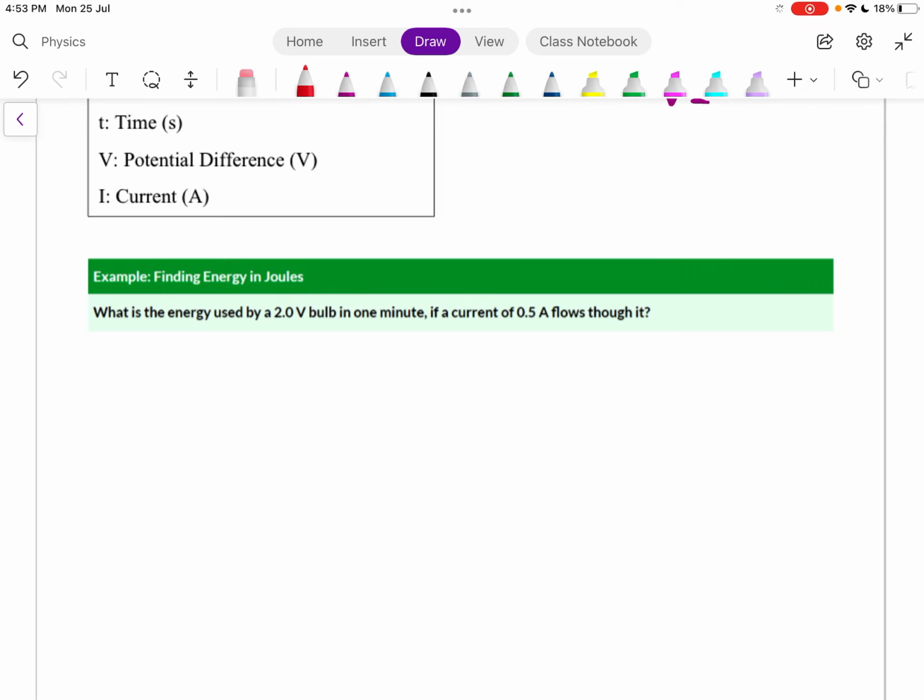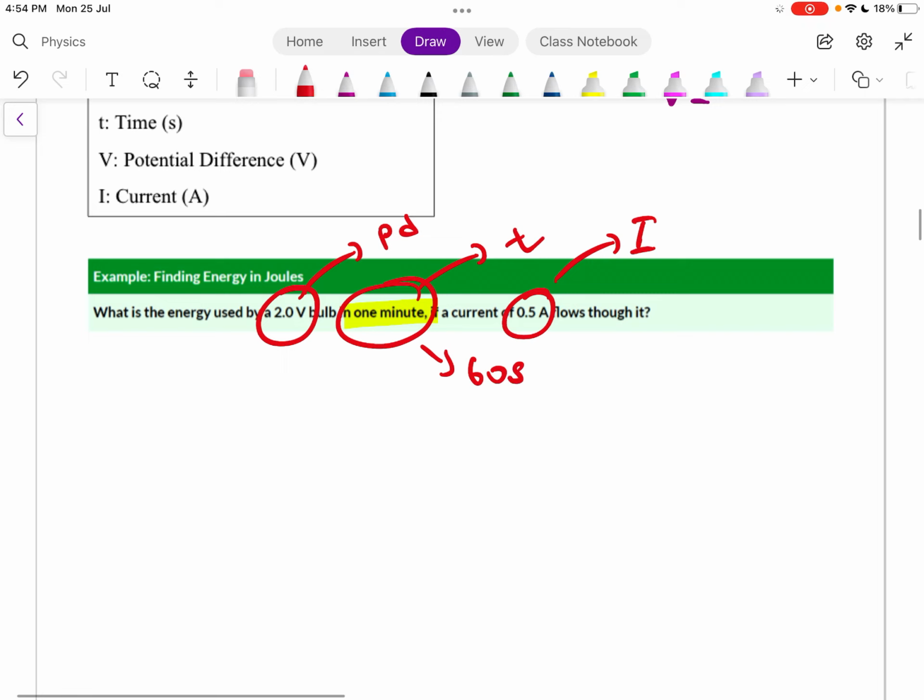Okay, so let's determine how we calculate the energy in terms of joules. What is the energy used by a 2 volt bulb in 1 minute? We are given the potential difference, a time, and a current of 0.5 ampere. You must convert the 1 minute to 60 seconds.